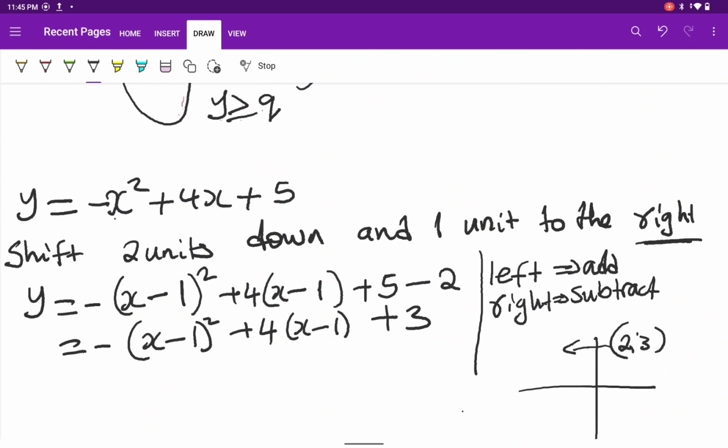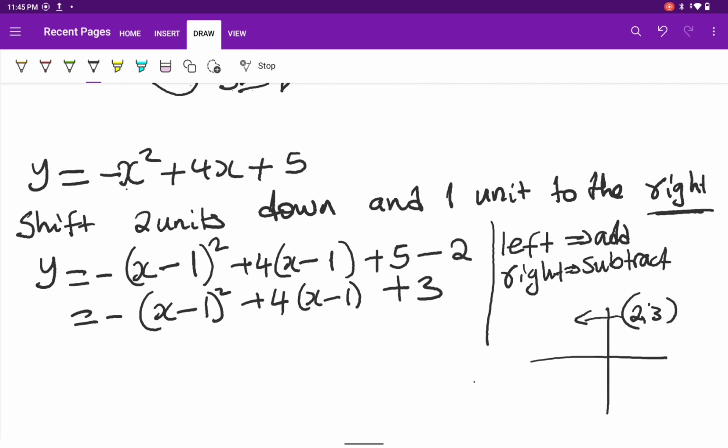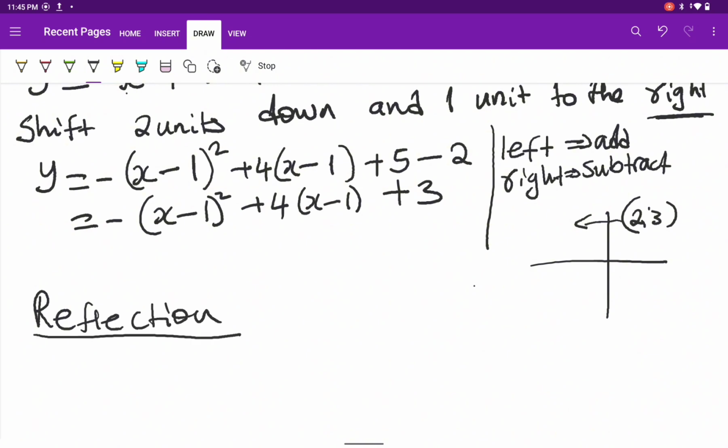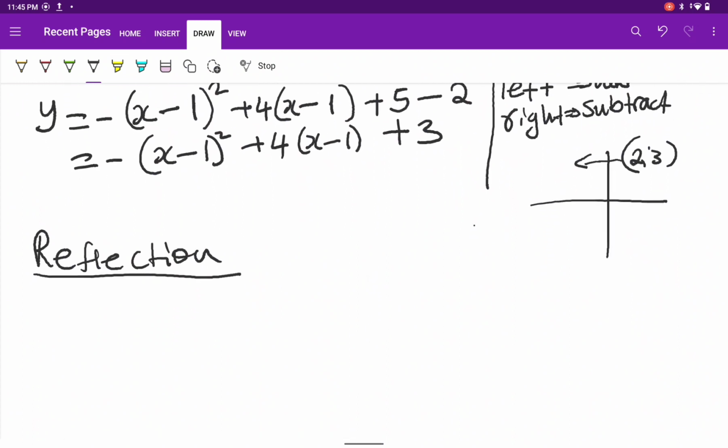Right, so now we look at reflection. Let's go to reflection. We said we have lines of reflection, so we are looking at the y-axis, we are going to reflect along the y-axis, we are going to reflect along the x-axis, and we are also going to reflect along the line y equals x.